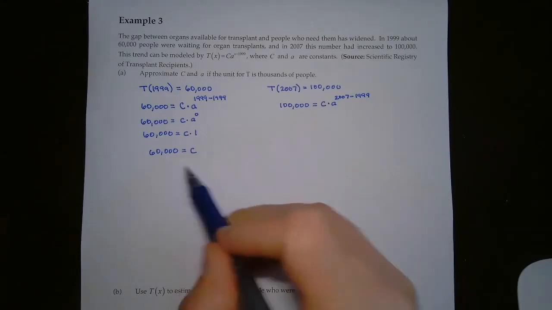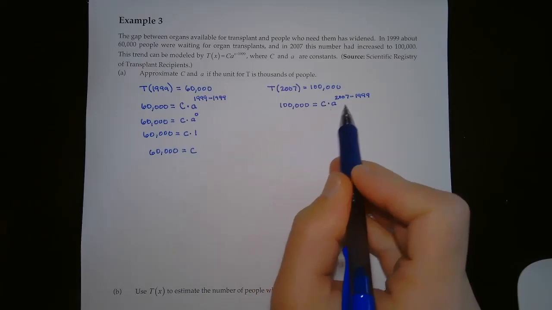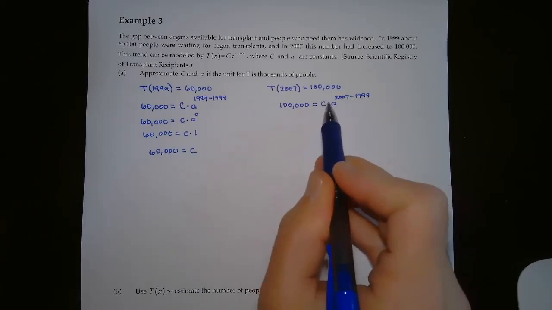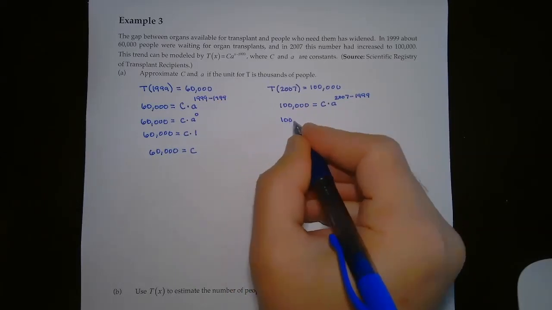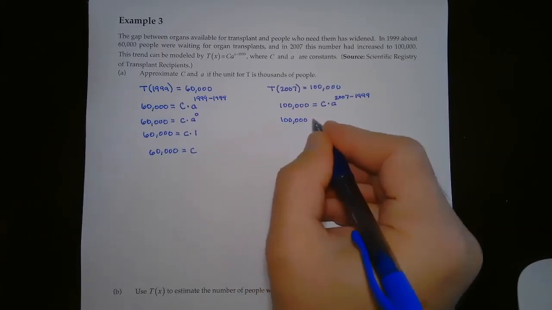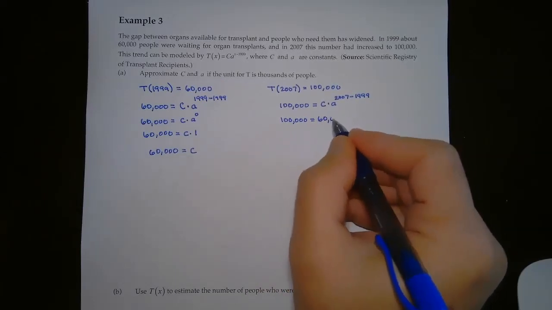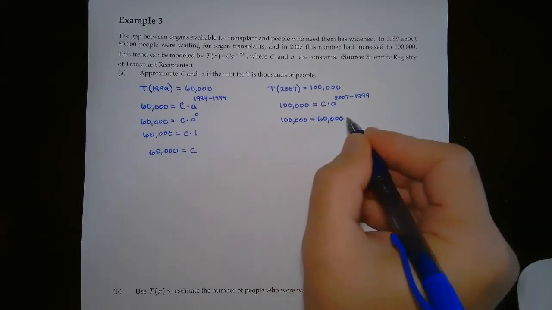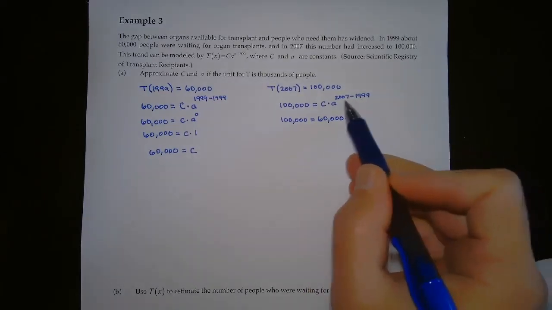I know what it is already, and you could have just put 60,000 here, but I wanted to show you this is going to simplify, and this is going to become 60,000. So what we now have is 100,000 is equal to C, which is 60,000, times A raised to the, and this would be 8.